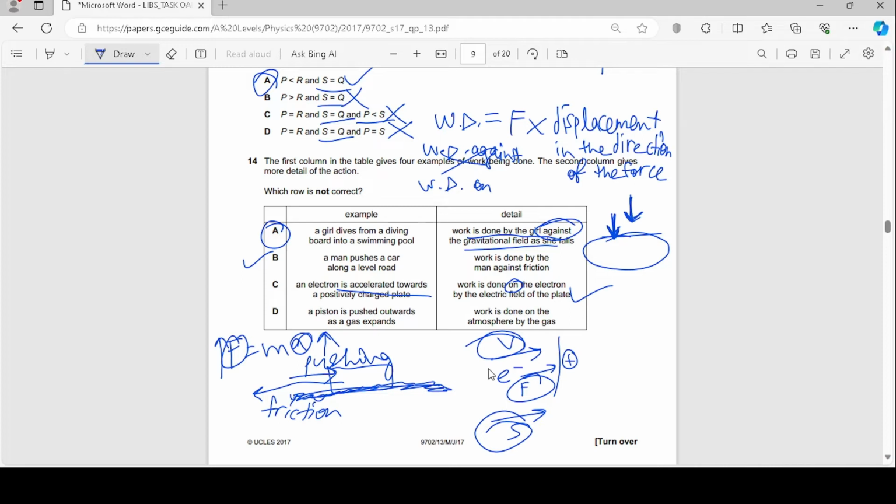So it's correct basically, because the force is towards the positive plate, and the direction of motion of the electron is towards the positive plate, so the displacement is towards the positive plate too. And it's acceleration anyway, so we can tell that the force is in this direction. So C is also going to be correct for that reason.